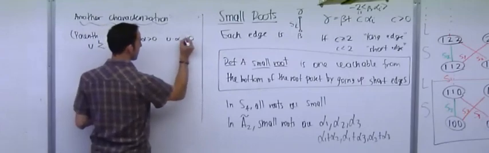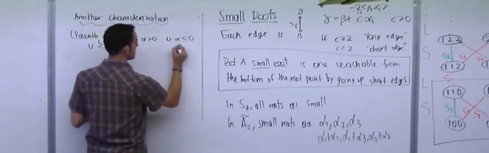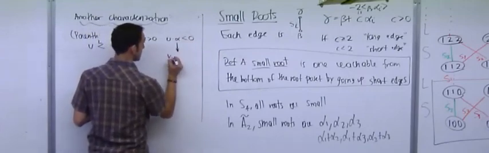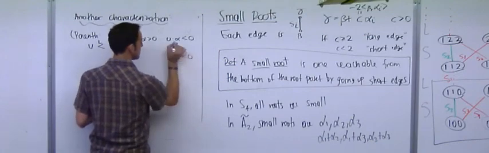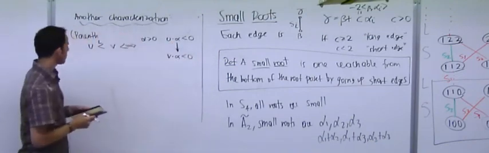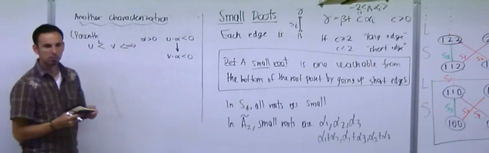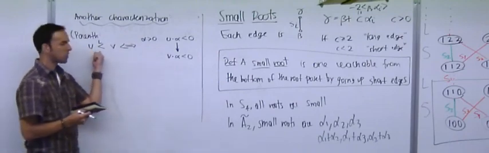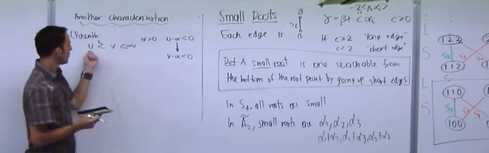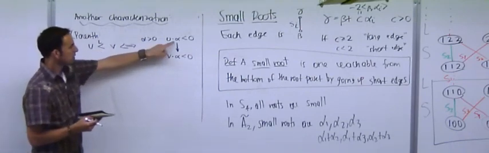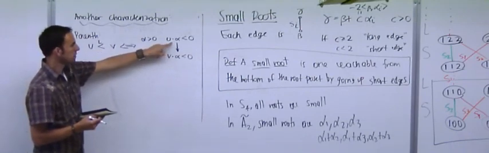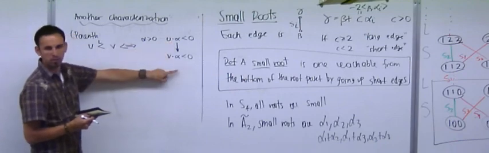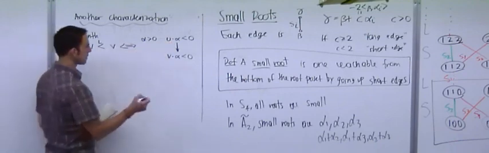I'm a little worried, I might get it backwards here, but I think this is right. So one characterization of the left weak order is u is less than v if the roots that u makes negative, v also makes negative. Okay?